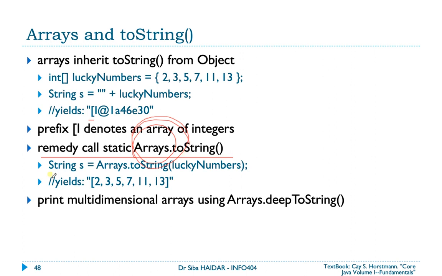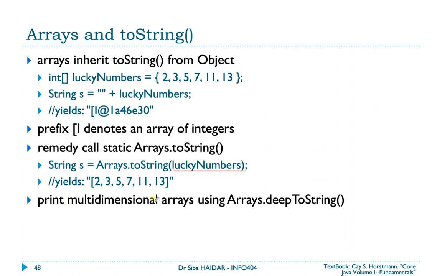If you have an array, suppose the array name is luckyNumbers, an int array, even if this is a primitive type array, you can print it using Arrays.toString. And of course, again, it takes an explicit parameter, because there are no implicit parameters for the static toString inside the Arrays utility class.